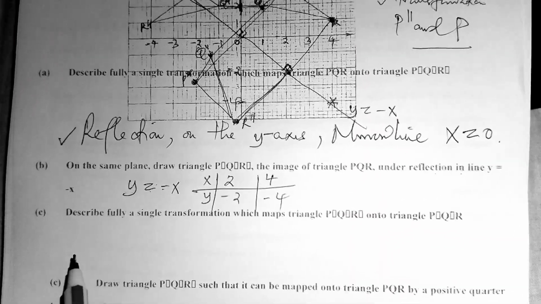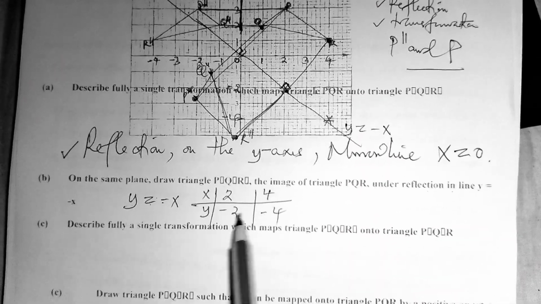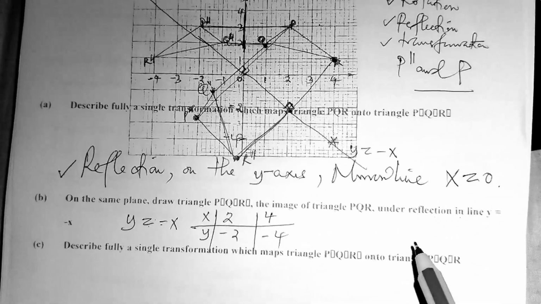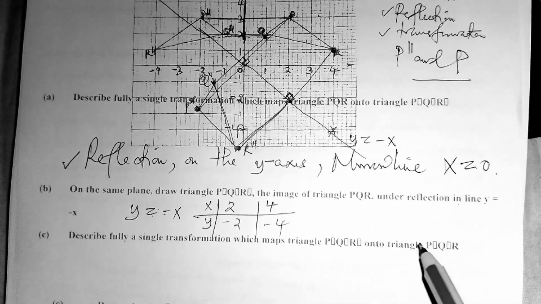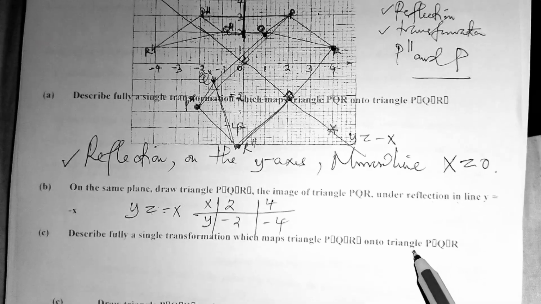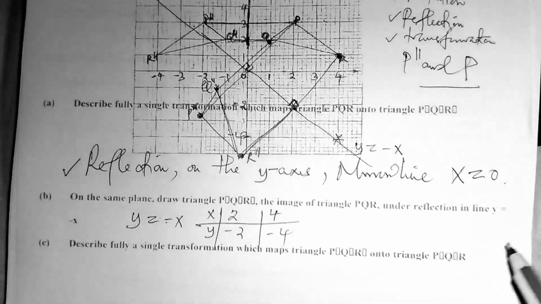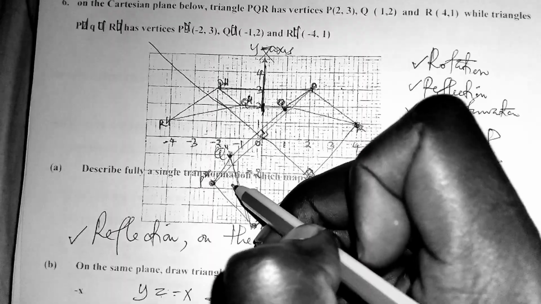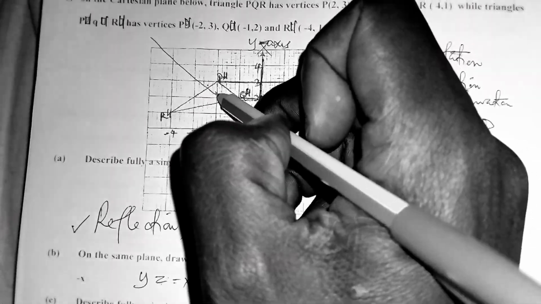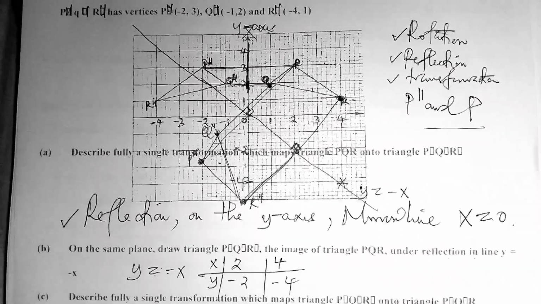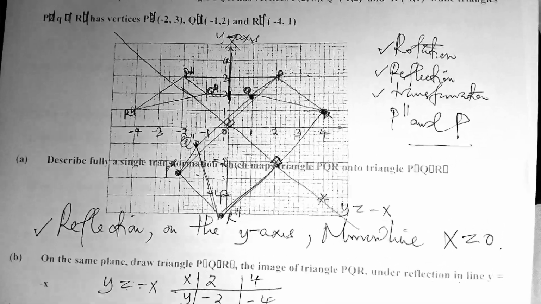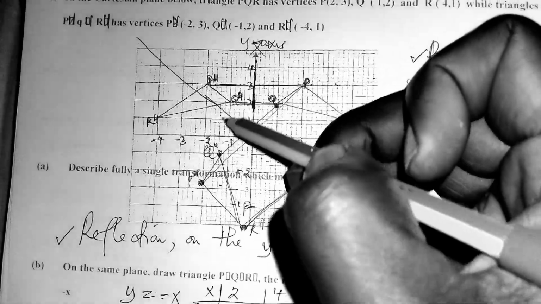Then they're saying describe fully a transformation that maps this triangle to this triangle. So here again, the best method is to join the corresponding points.